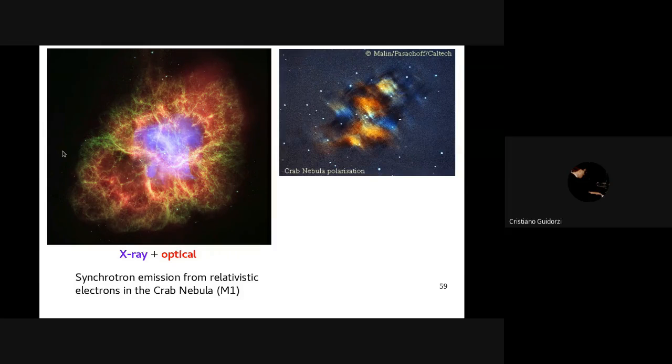So what we see today is, for example, this composite image from both optical and X-rays. The bluish light is just X-rays. So not only do you see essentially the leftover compact object, which is a pulsar, spinning roughly 30 times per second.